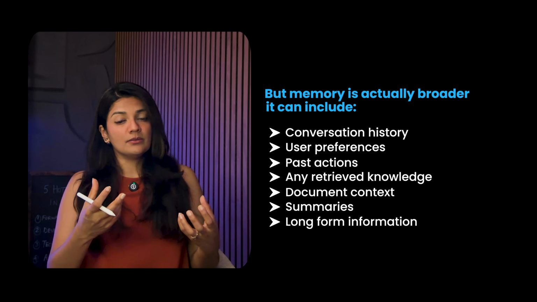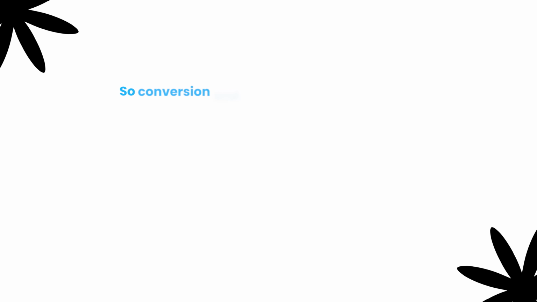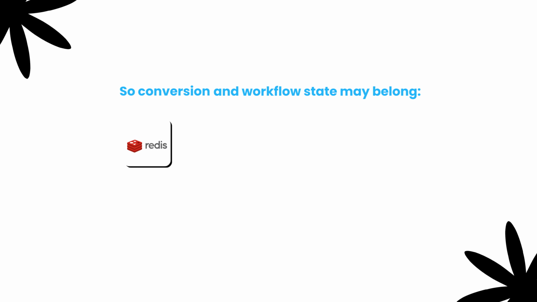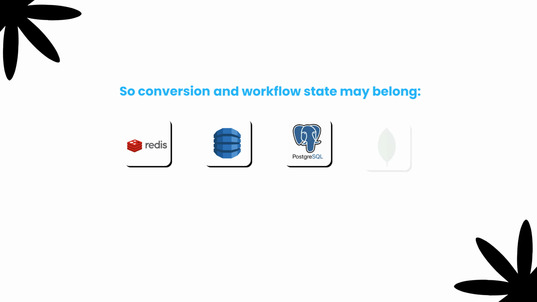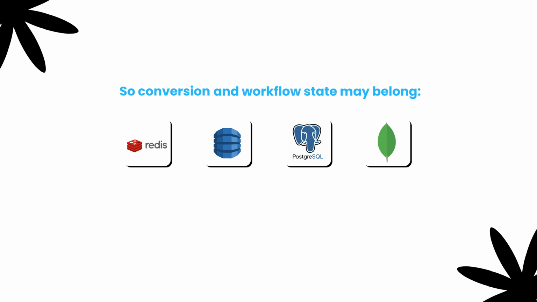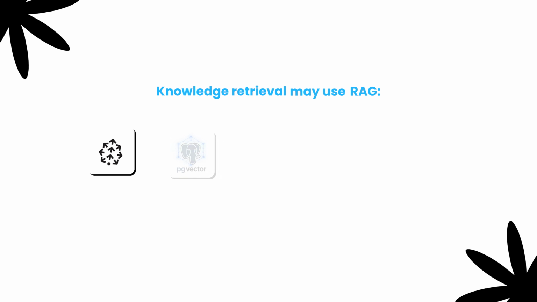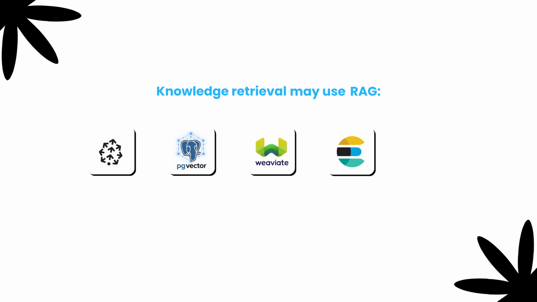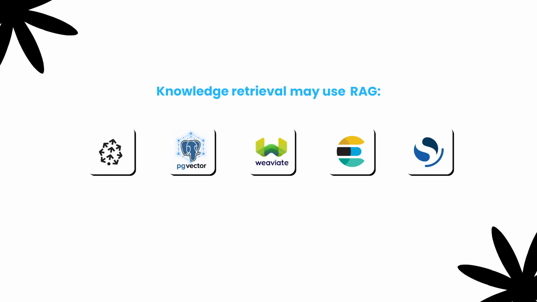A common mistake is pulling all of this into a vector database. That is not a good default. You should choose storage based on access pattern. So conversation and workflow state may belong in Redis, DynamoDB, Postgres, MongoDB, or another low-latency store. Application state belongs in your application database. And knowledge retrieval may use RAG with Pinecone, pgvector, Weaviate, Elasticsearch, OpenSearch, or a managed knowledge base.